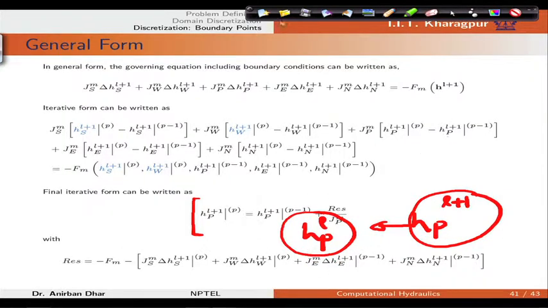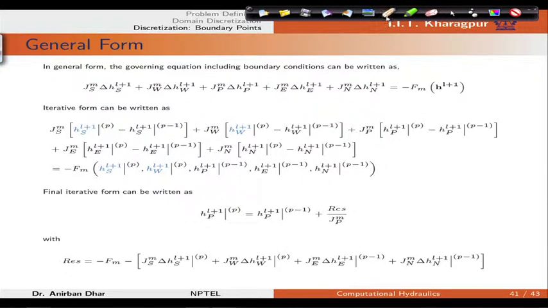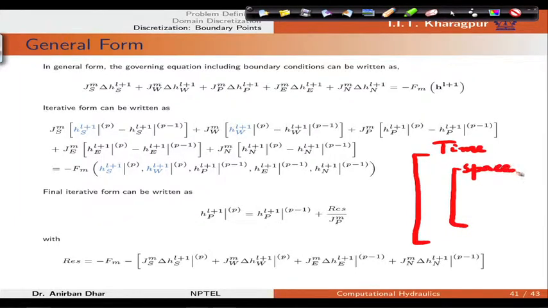So, initially for any problem we have a time loop and a space loop. Now, the space loop we can solve using this iterative form, and we can update time, and for updated time we can transfer this n plus 1 level value to the nth level directly.